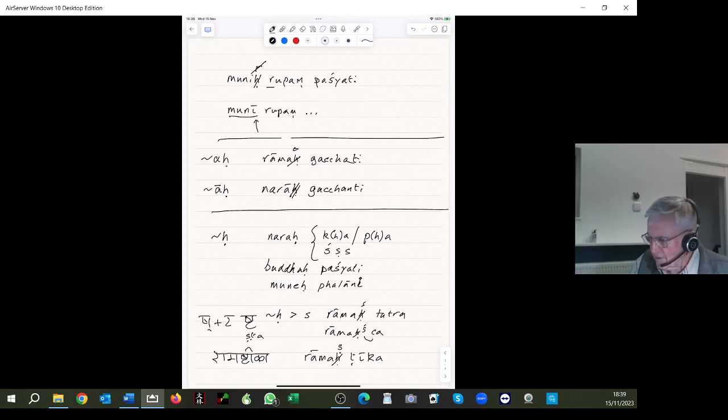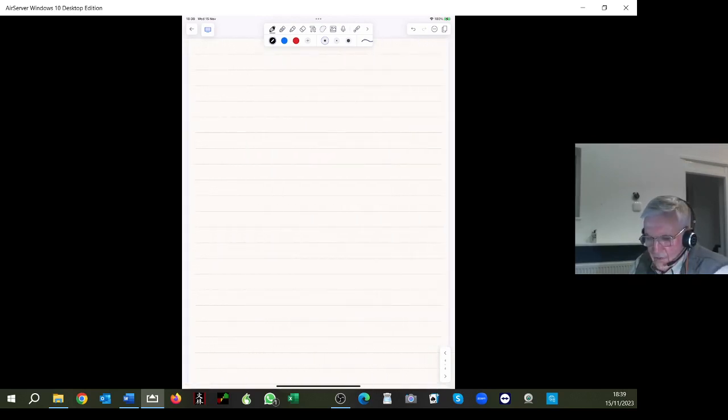So looking at the vocabulary then, this root ni, long i, ni, see, a-ni. It's a class 1, and as with many class 1 verbs, it makes a guna of the vowel i, so ne plus ati.